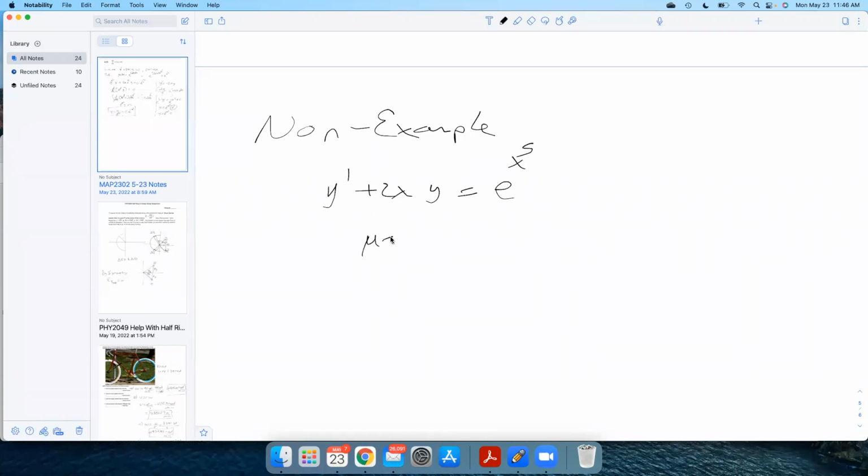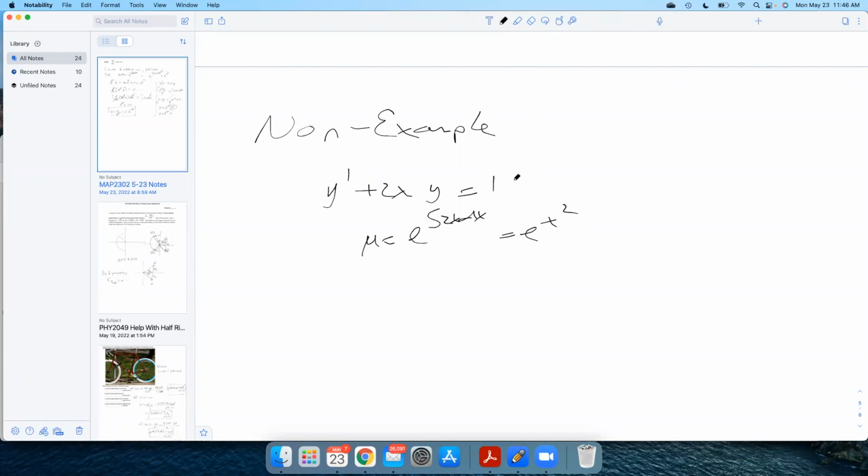My integrating factor is e to the antiderivative of 2x dx. That's e to the x squared. I tried to make up a non-example, and then I picked one that's actually really easy. Hold on, I got to fix that. This one would be easy. What I meant here was just x to the 5th. Or even 1. Hell, let's do that.